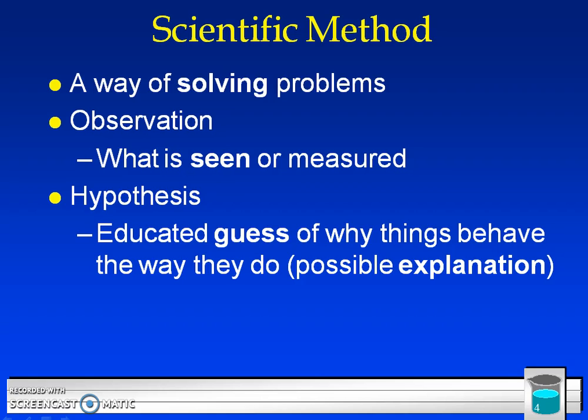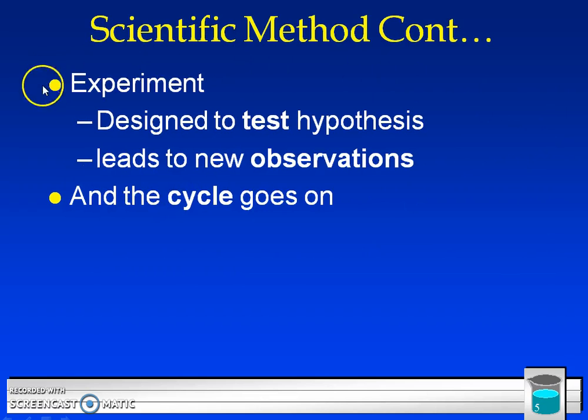So the scientific method is just a way of solving problems. There's usually a way of doing this in a series of steps. Usually a scientist will make an observation, then make an educated guess called the hypothesis, and then do an experiment to test that hypothesis. The cycle goes on and on.